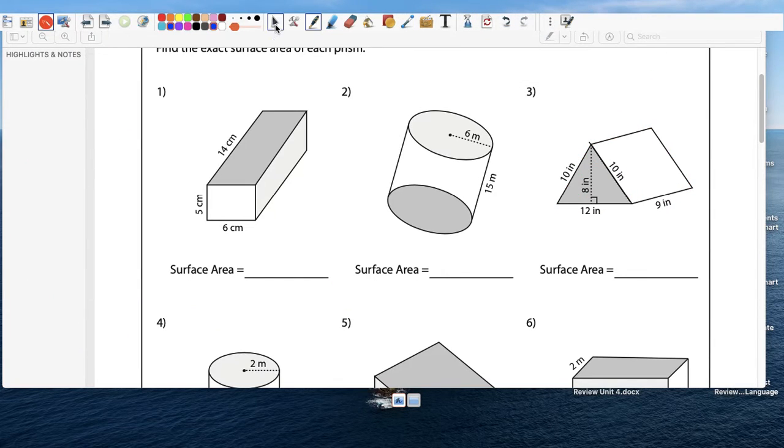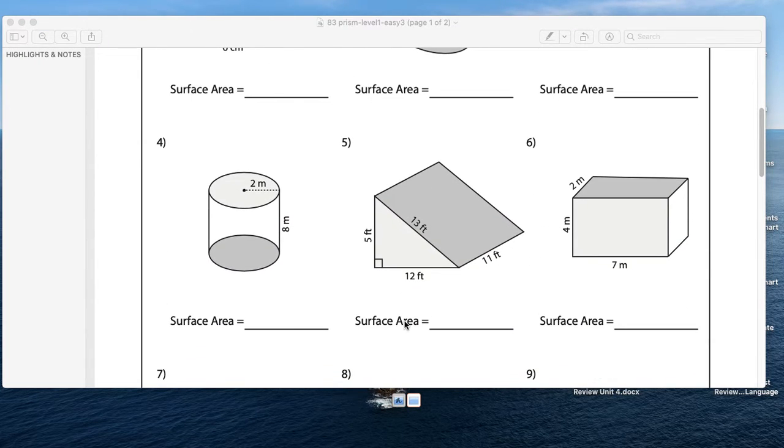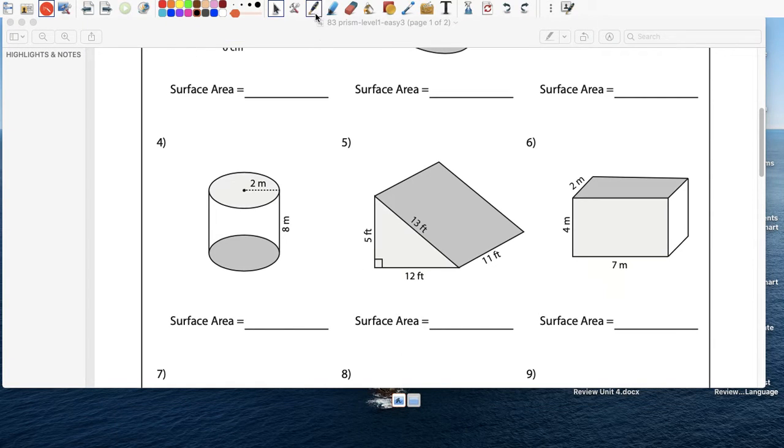Number 4 we're going to skip, we said, right? So we're going to go straight to number 5. And again, think of number 5 as a skateboard ramp, right? So let's start with this fellow here. Let's do the triangle. We have a triangle here, then we have a triangle in the back.